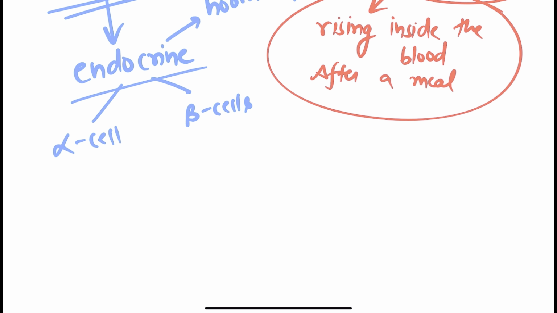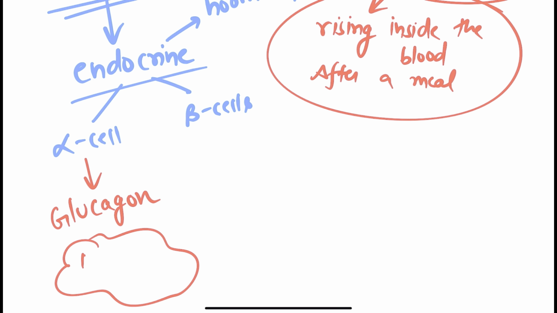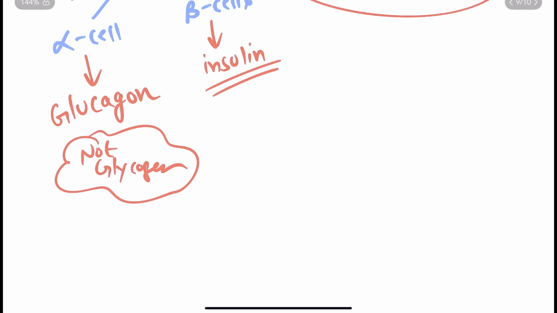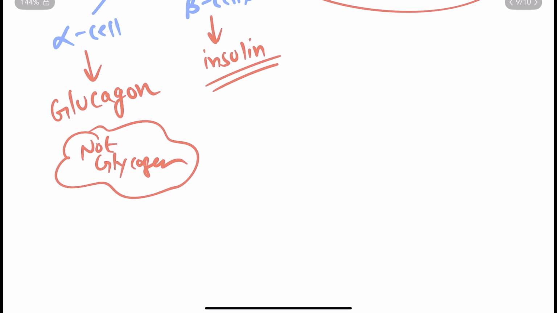Just pay attention over here. The alpha cells produce a hormone which is known as glucagon. Mind it, not glycogen. It's the hormone glucagon. And the beta cells release another important hormone that you may be familiar with, that is insulin. So what is the function of glucagon and what is the function of insulin?